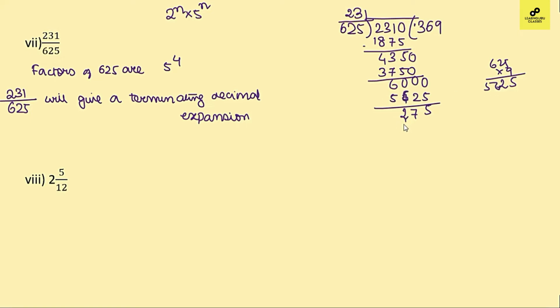So this is giving us 375, again 0. So 625 into 6 will give us 3750. So thus the remainder comes out to be 0.